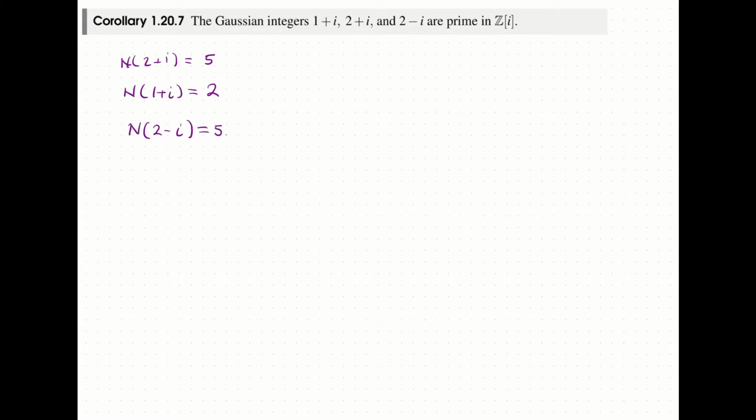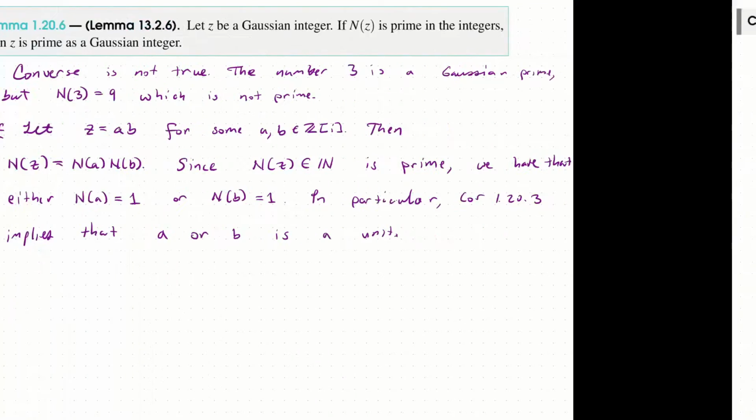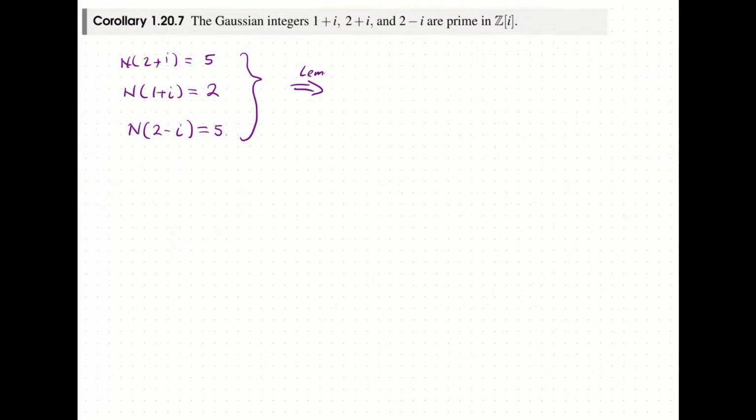And so the statement that we just proved now implies that 2 plus i, 1 plus i, and 2 minus i are all Gaussian primes. And so we're done.